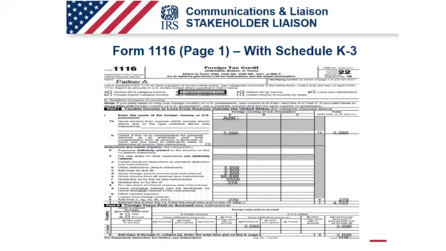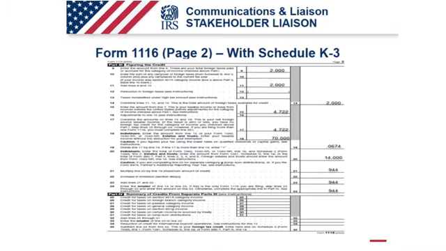So we go on to the next page and we see, again, the 2,000 of foreign taxes that carry over. And we see on line 15 the foreign source income of 4,722, which also carries down to line 17 because there's no adjustment to it. And you have total worldwide income of 70,000 on line 18.